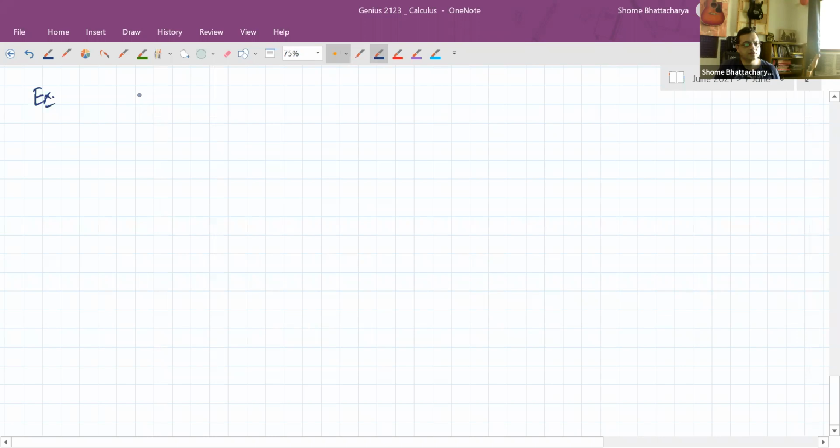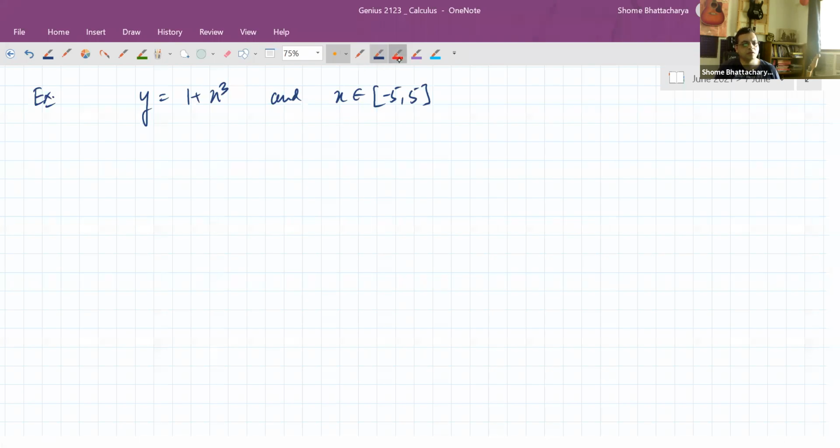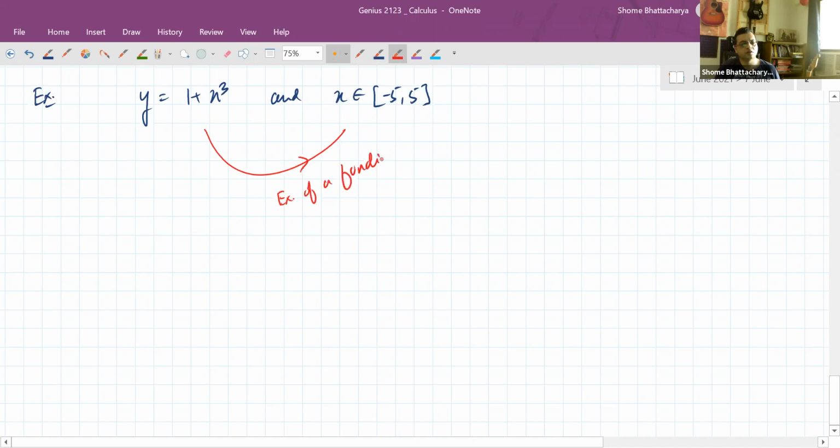Suppose y is equal to 1 plus x cube and x belongs to the set minus 5 to 5. So this is what is called an example of a function with a specified restricted domain.